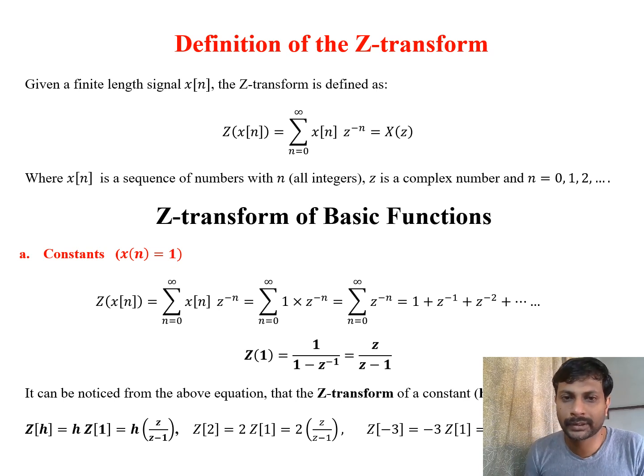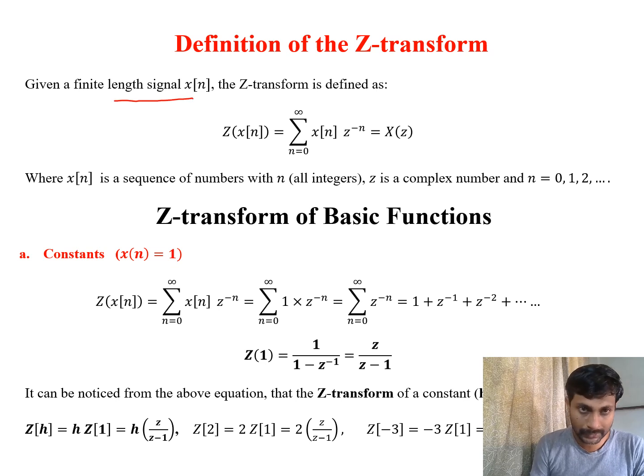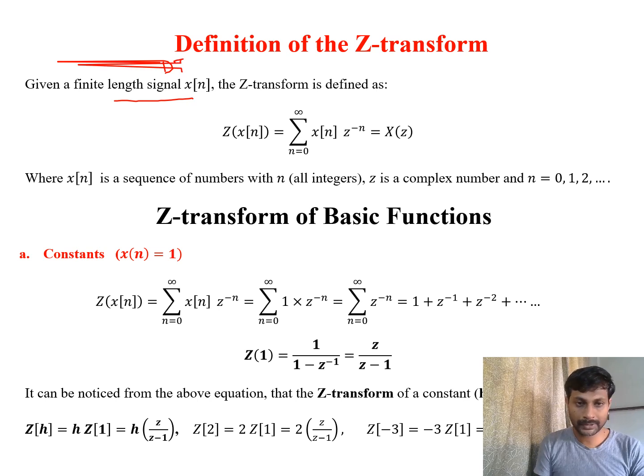Now the definition of the Z transform. We have already derived the Z transform from the Laplace transform in our previous presentation. Let us recall the equation once again. Given a finite length signal x(n), obviously it is discrete time.